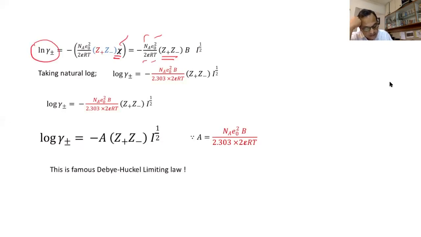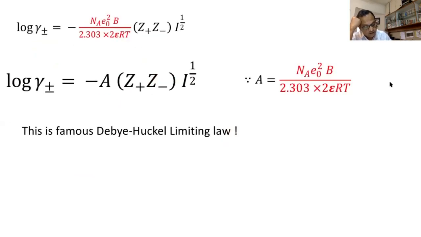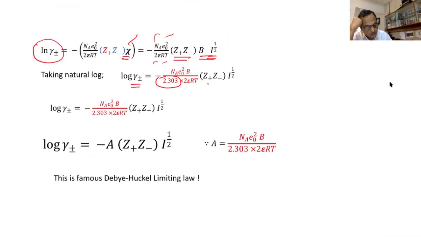What I get is basically this equation, B into I raised to half. If I take log on both sides, so log gamma plus or minus, now I added 2.303, not 3 here, because I had a natural log, right? So I get this equation. If I rearrange all the terms, what I get is this equation, that is N_A e0 square B upon 2.303 times 2 epsilon RT, z plus z minus, into I raised to half.